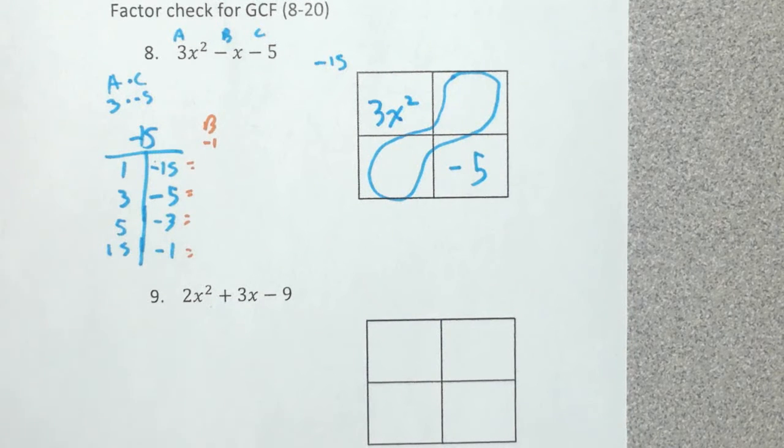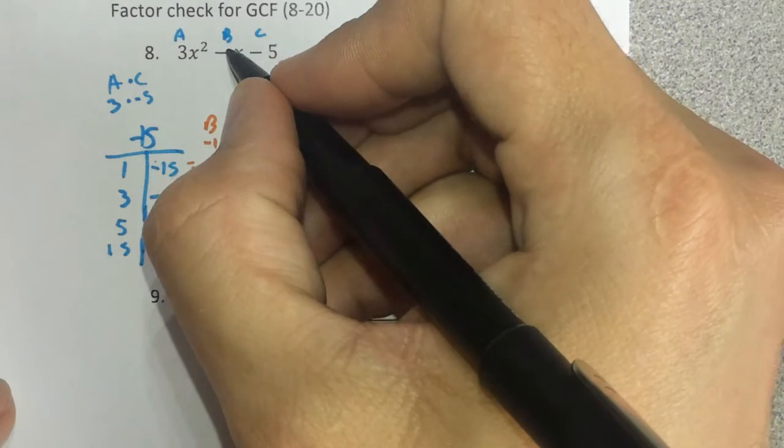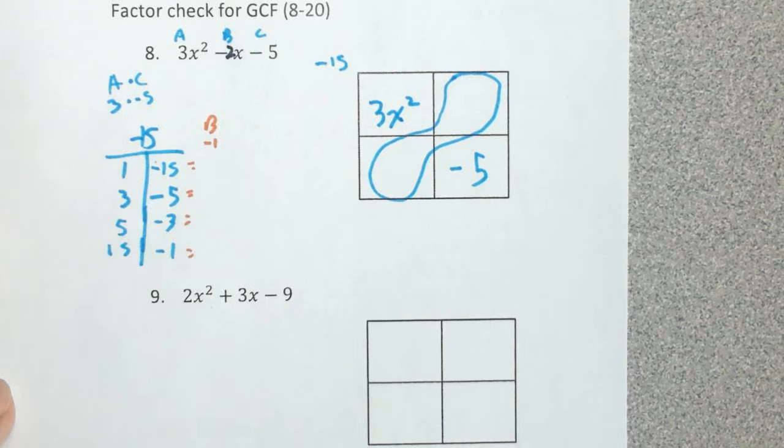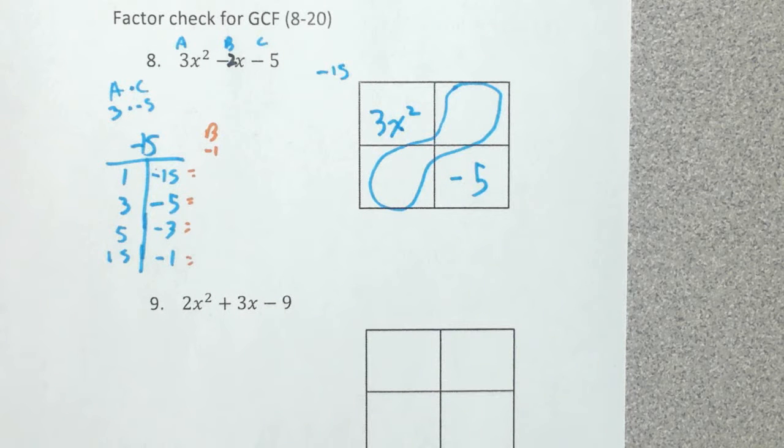Okay, after looking at that, that one is not factorable. So I'm just going to make a quick change to the problem and make this a -2x in the middle. I'm guessing when I was typing this up, I just didn't type that in there.